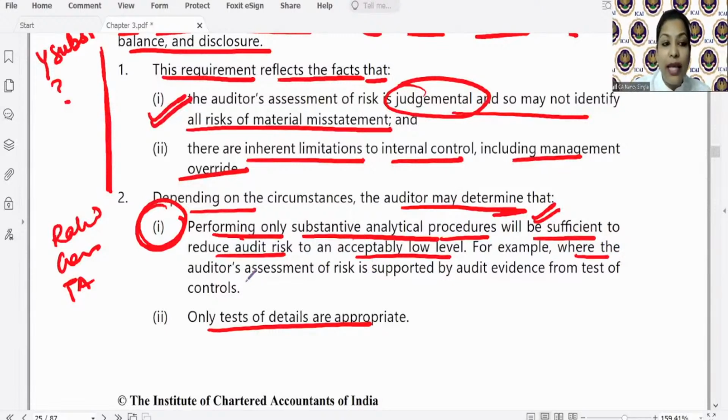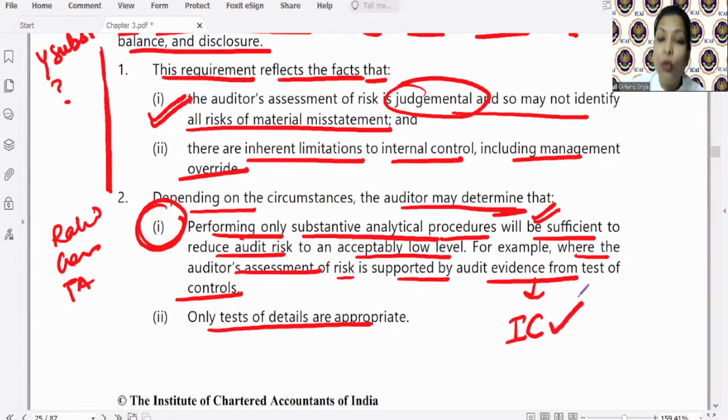For example, where the auditor's assessment of risk is supported by audit evidence from test of control. What does that mean? It means that when the auditor performed test of control, he found that internal controls are operating effectively throughout the period. He was satisfied with the internal control as implemented by the management. But we know that the auditor cannot skip substantive procedure, so he may only perform substantive analytical procedure in terms of SA 520. Is it clear? Is it clear, Jyoti?